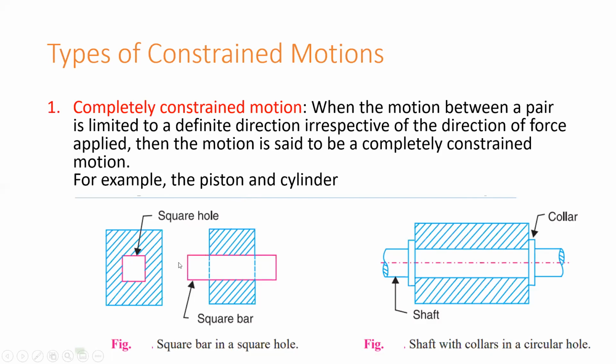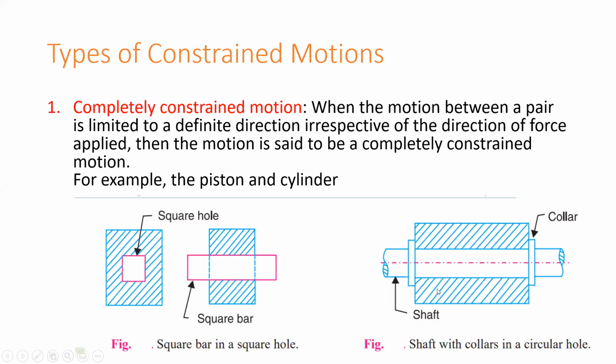You try to apply force in any direction, but the square bar will move only in the linear direction. It is successfully constrained. It cannot move in any other direction, and it cannot turn about any other axis. So the square bar is completely constrained in the square hole.